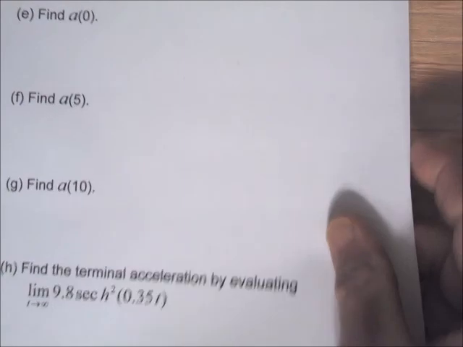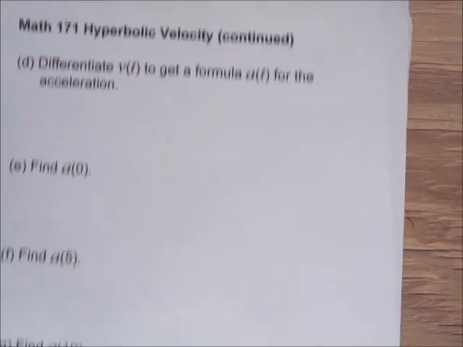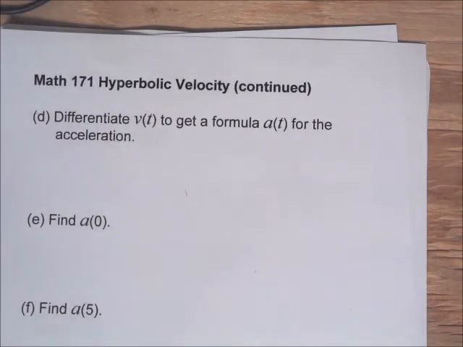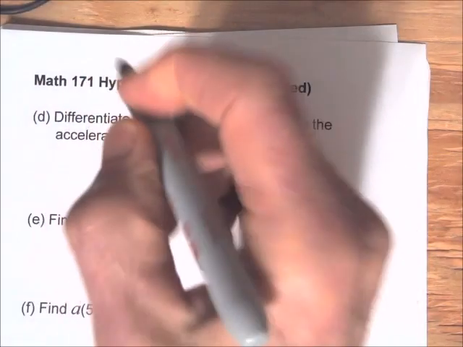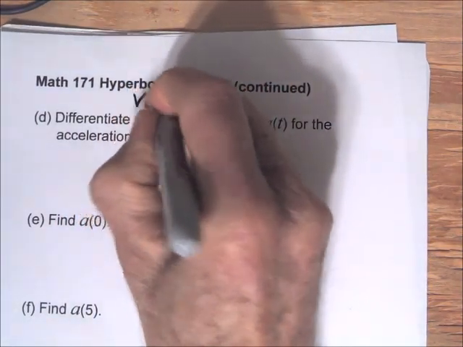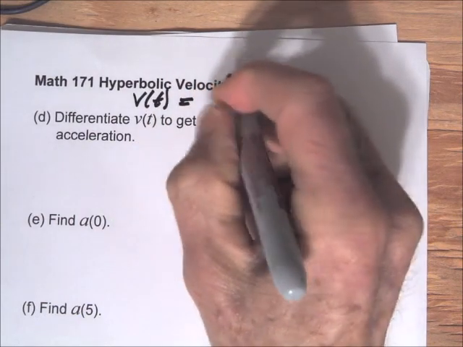Okay, we can also compute the acceleration by taking the derivative. So we're going to use the formula for that particular person falling, the 40 kilogram person.